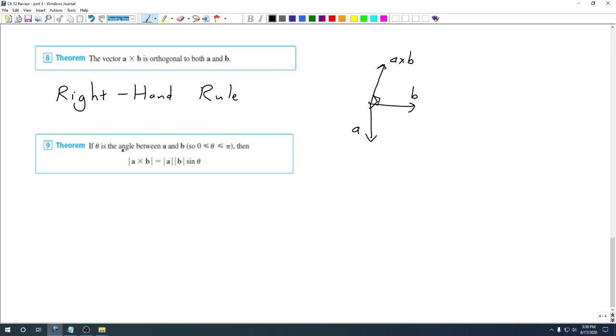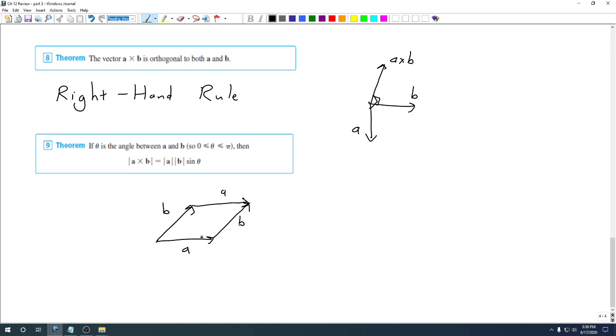Another useful result from this formula is that if we have our vectors a and b, and we actually complete a parallelogram, kind of like how we talked about how to form the sum, where we essentially make a new copy of a, and a new copy of b, and we form a parallelogram like that.